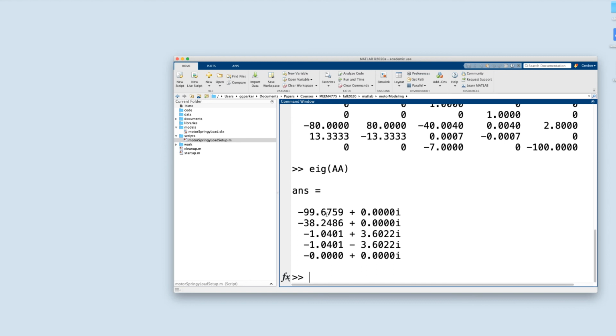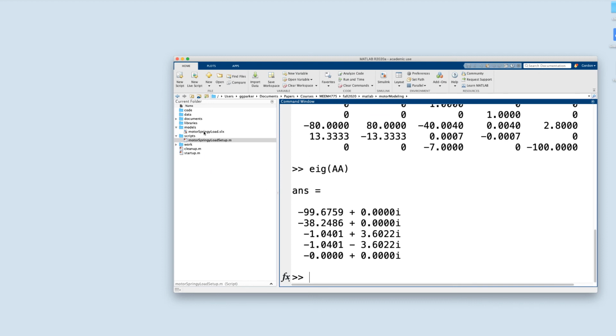So if we had neglected that term, we would have removed one state from this, and this would have been gone. So if you're not interested in those fast dynamics, then one way to get rid of them is to set the L_A dI_A/dt term to 0.